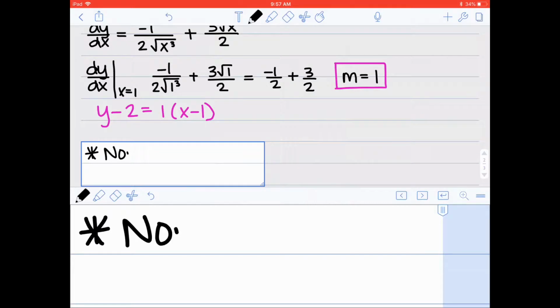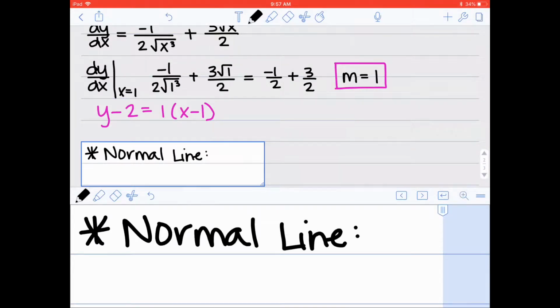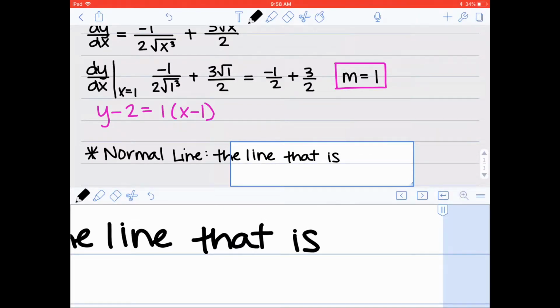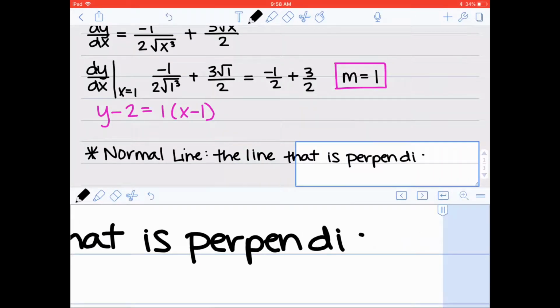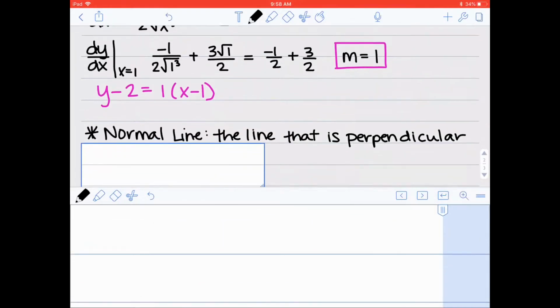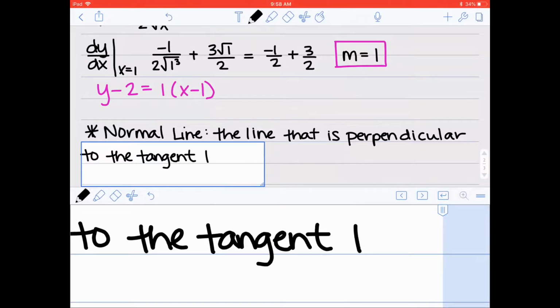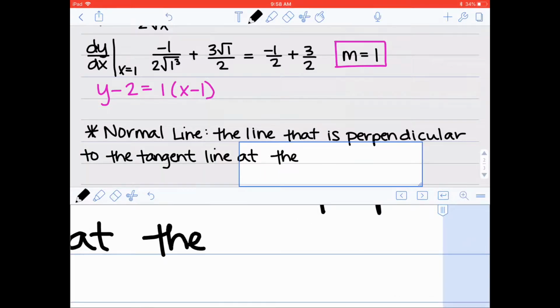So a normal line is the line that is perpendicular to the tangent line at the given point.